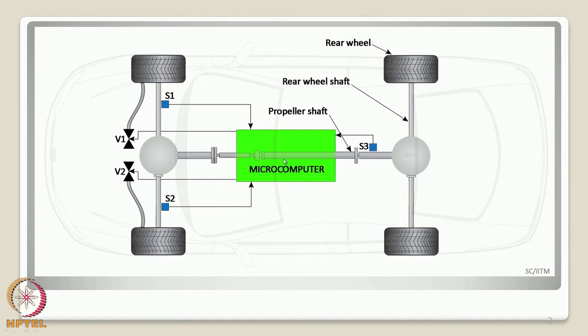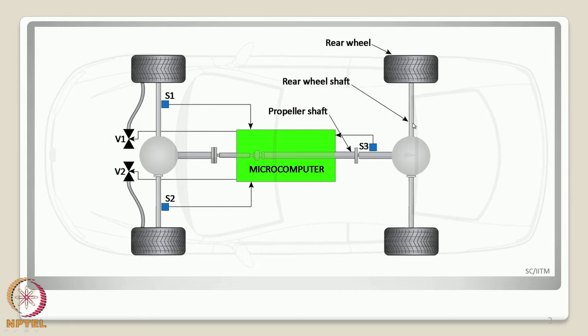The microcomputer will now say that the driving shaft speed has been reduced and there is an extensive brake being applied. If the reduction is sudden, it will alert the sensors S1 and S2 which will open the valves V1 and V2. The moment these valves are opened, the braking power applied on the driving shaft is reduced.